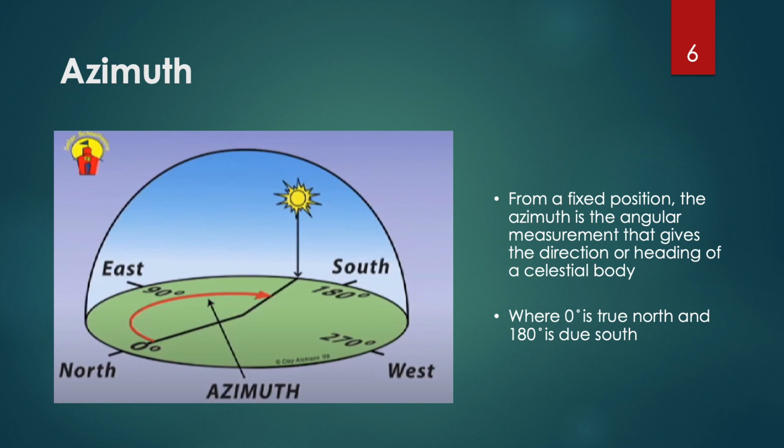You start at the center of the circle, and true north is 0 degrees. East is 90 degrees, south is 180 degrees, and west is 270 degrees. Depending on where the sun is on that circle, you'll get your azimuth angle.